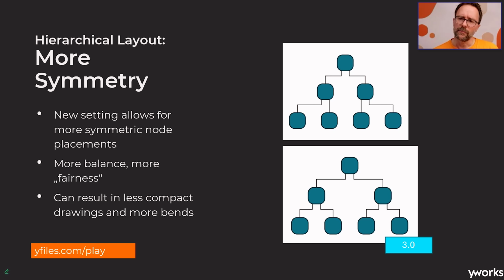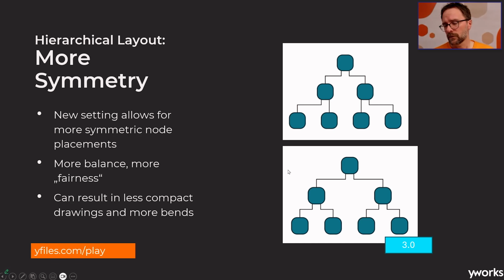Strictly speaking, the above result has fewer bends and is actually more compact because, well, there's obviously no bend in here and in here, whereas here you have additional bends, and those nodes are closer together, so it's a more compact result.